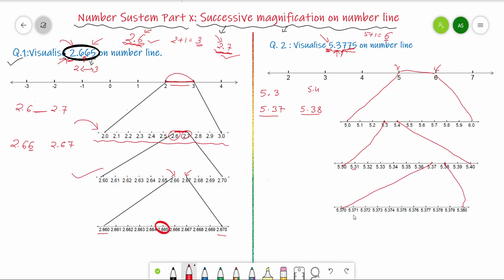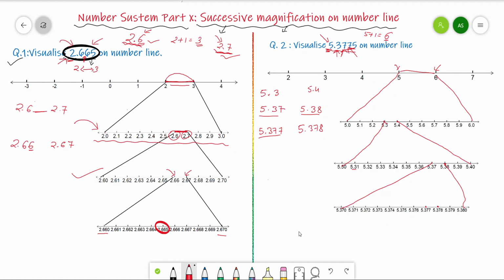We have got 5.371, 372 and so on. The next part is again 7, that means 5.377, and it lies between 5.377 and 5.378. So we'll find out where 5.377 and 5.378 are.